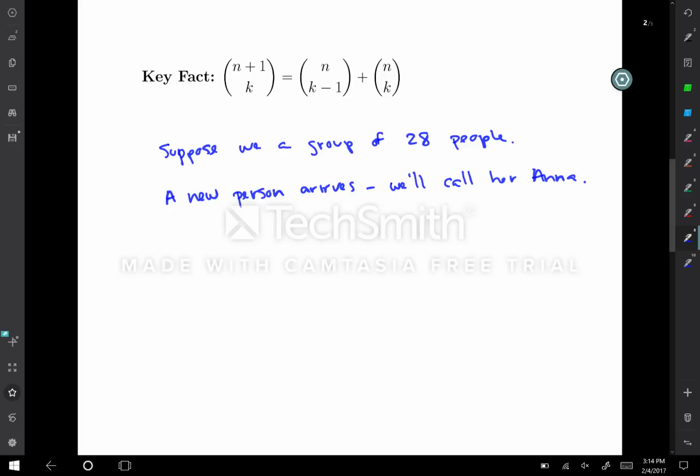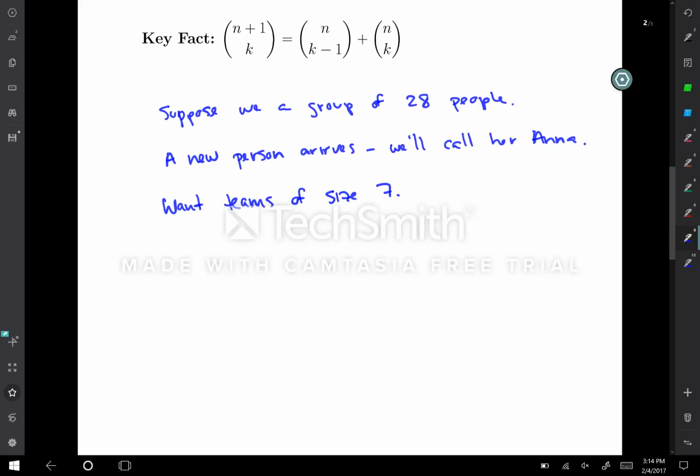Now, let's also suppose that we want to know how many teams of size 7 we can make from this group of people. So, certainly, once Anna has arrived, we have 29 people, and we're going to choose 7 of them. This is the left-hand side of our equation. We have 29 total people. We want teams of size 7.